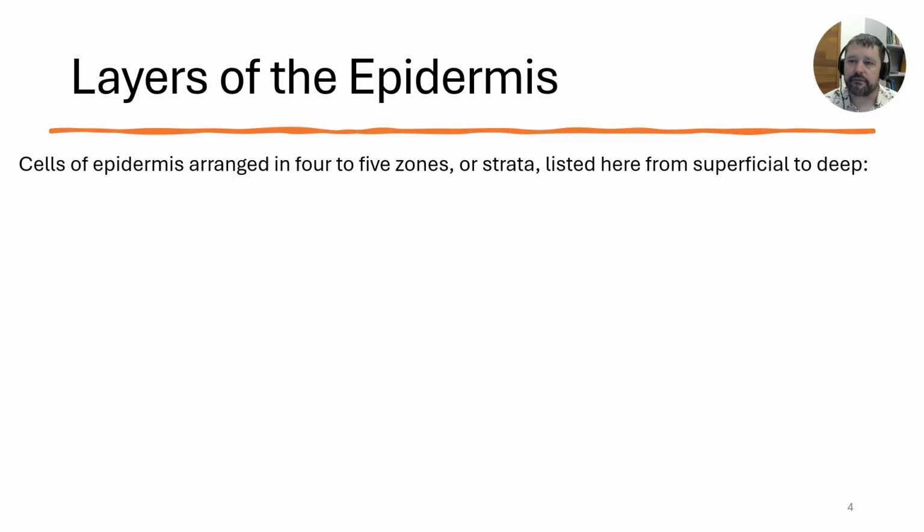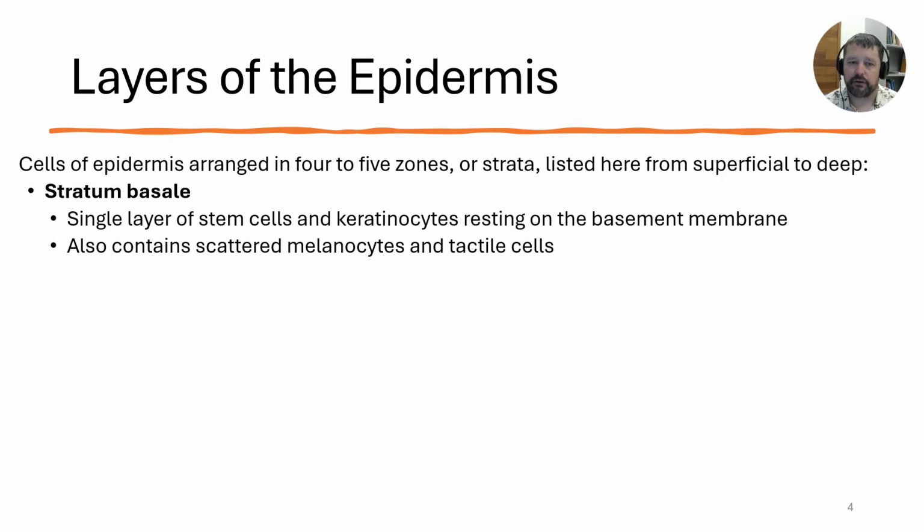Okay, so again, the cells of the epidermis, they're arranged in 4 or 5 zones, or what we call strata or stratum. Okay, and again, they're listed from deep to superficial.